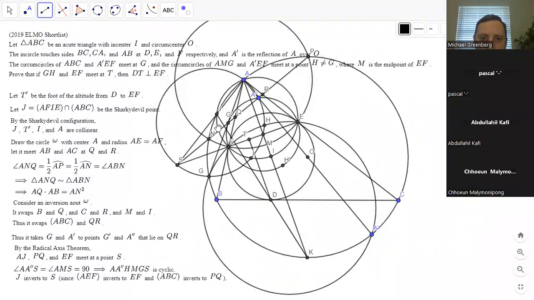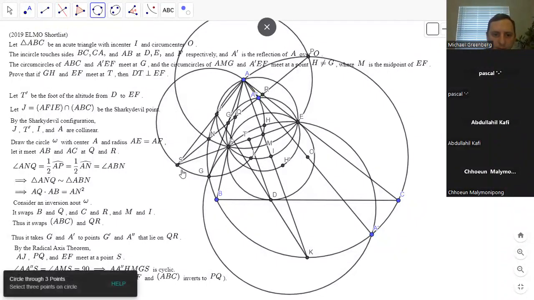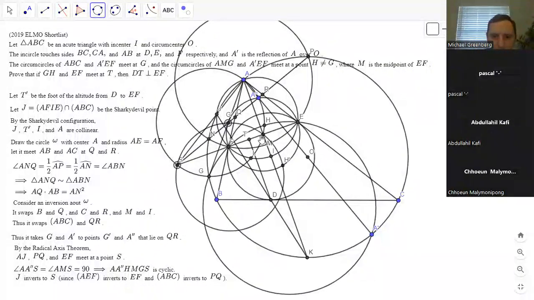We want to show SH prime MG prime is cyclic.